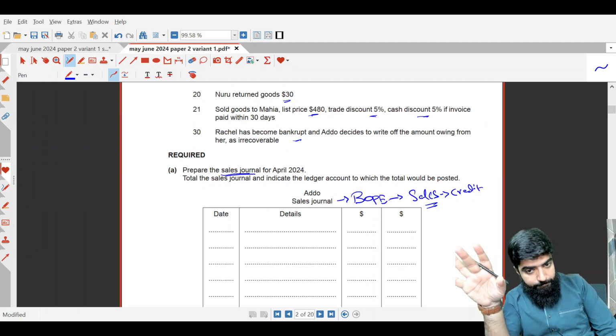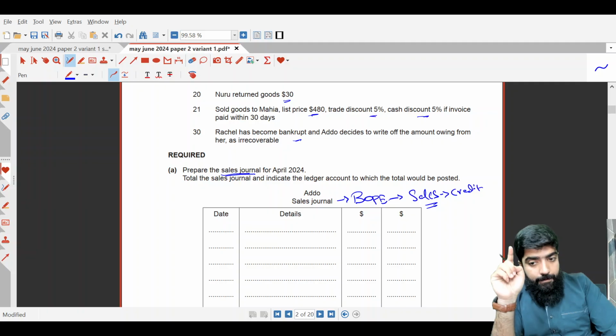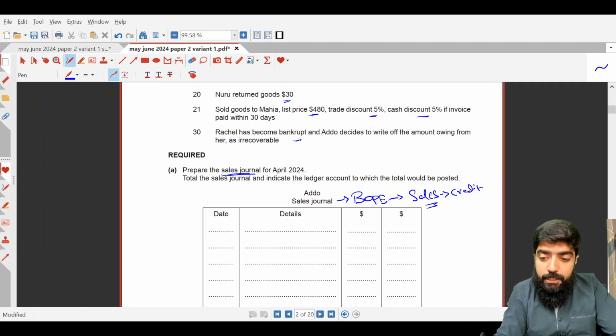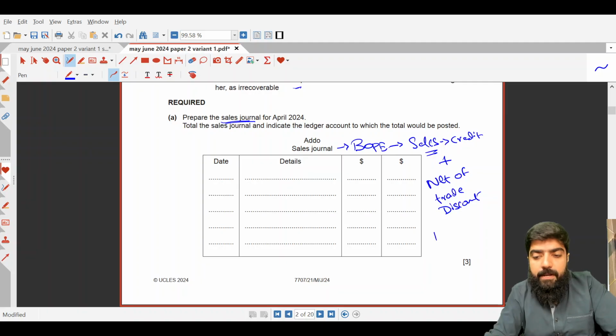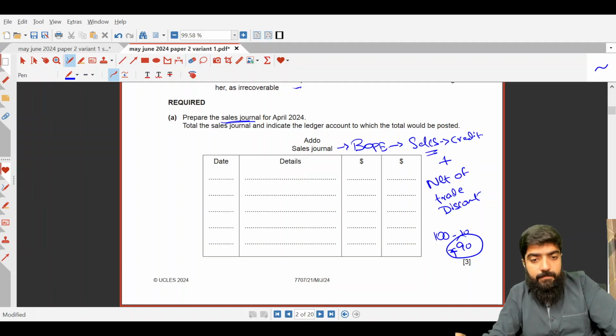We only record net sales. One more thing: we always record sales net of trade discount. For example, if the sale price is $100 and $10 is the trade discount, we will record the sales at $90. Are you getting the point?